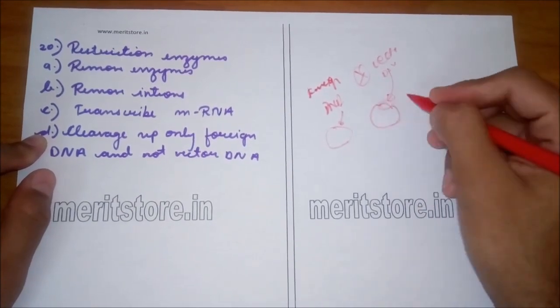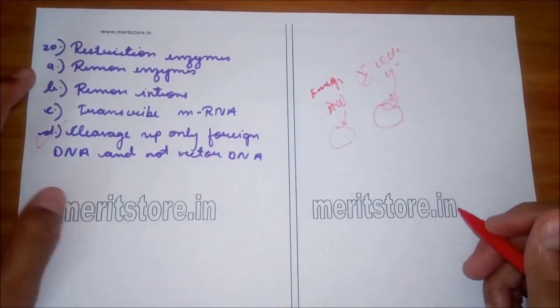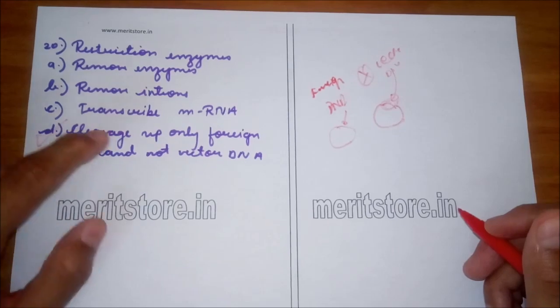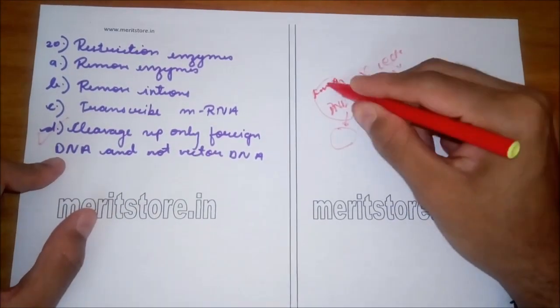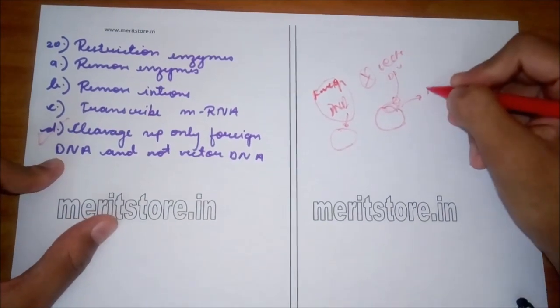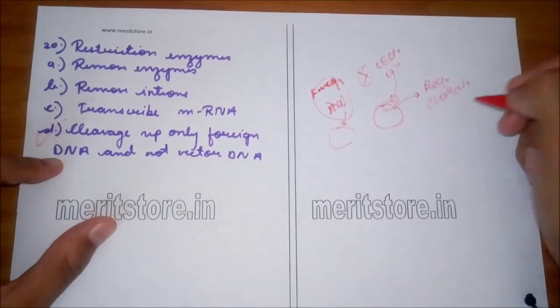So the new characteristics are incorporated. So option D is the correct answer for question number 20, which states that it cleaves upon foreign DNA and not vector DNA, so that the DNA gets incorporated to bring out the required characters. So option D is the correct answer.